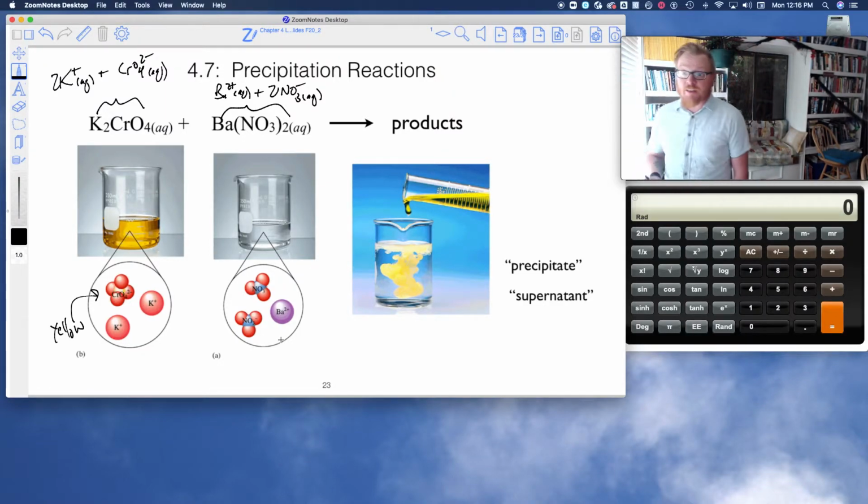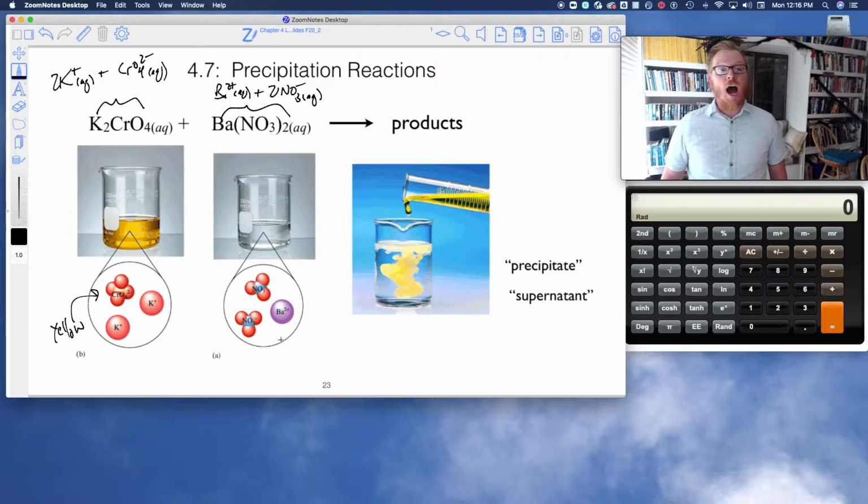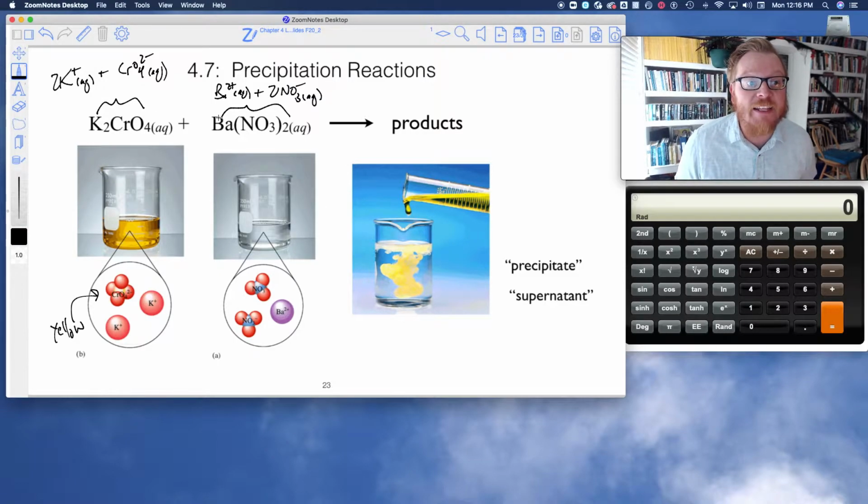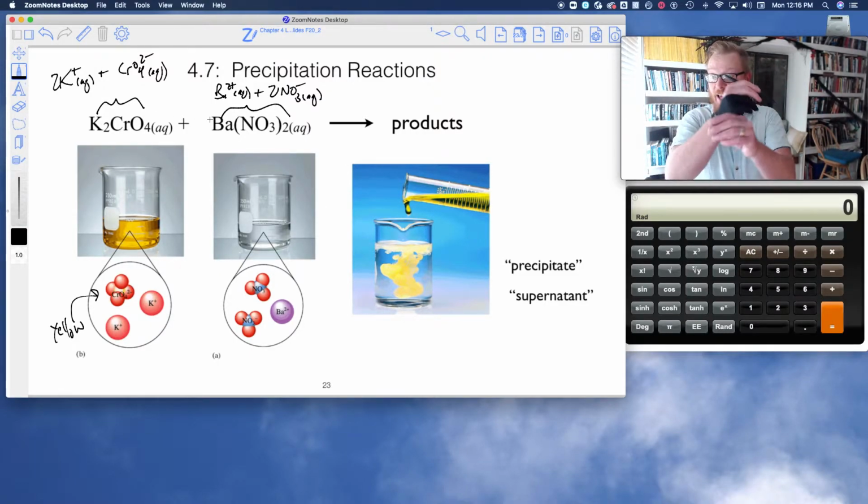So in the reaction, this is one of those double displacement reactions that you talked about in your lab. What's going to happen when I combine these two things is there's going to be an exchange of ions.